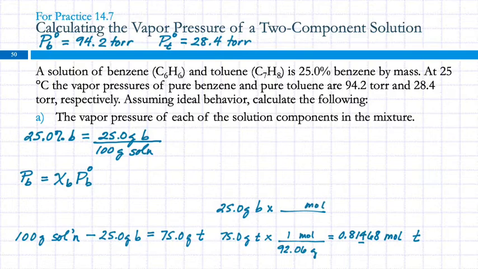The answer I found is 78.047 atomic mass units. So 25 divided by 78.047. So that's my moles of benzene.